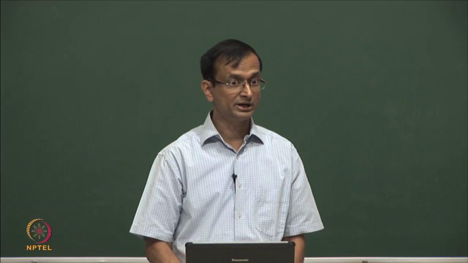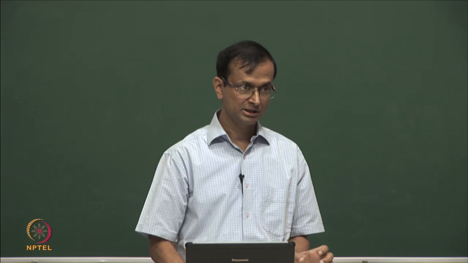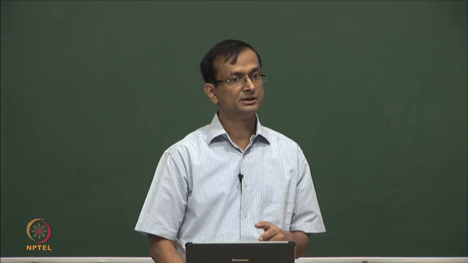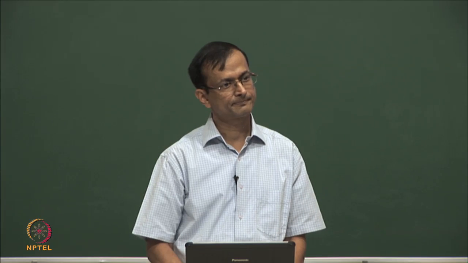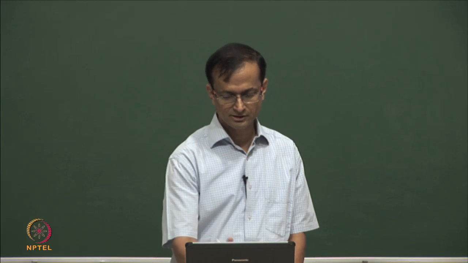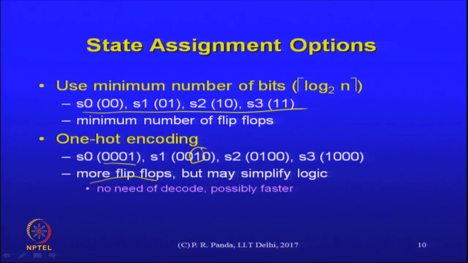Which state you are in, that part of the logic is a simpler implementation if you have one hot encoding. Why? Because you just pick up the appropriate bit, and that bit being 1 means that you are in that state. If it is 0, it means that you are not in that state.